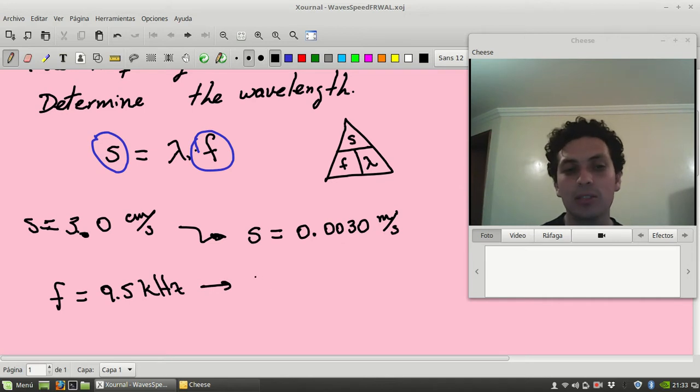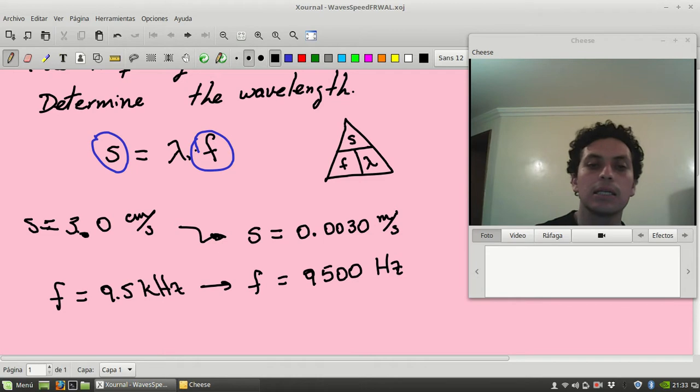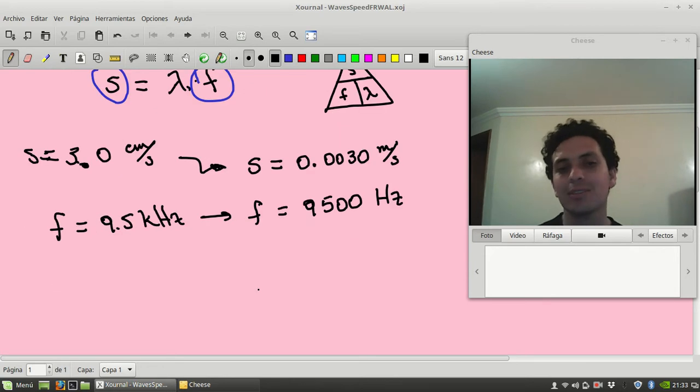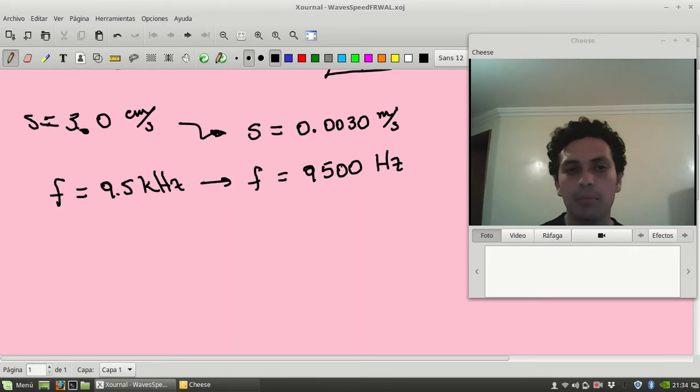Kilo means 1,000, so the frequency is 9,500, okay, 9.5 times 1,000 hertz. Now we just need to multiply these two. I'm going to do it by hand. You can use a calculator, obviously, but this is quite simple.